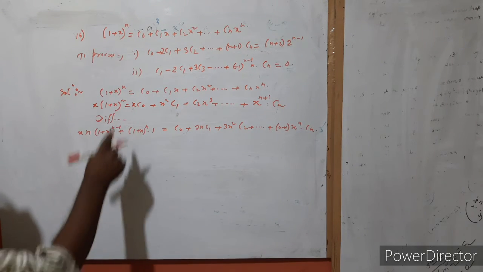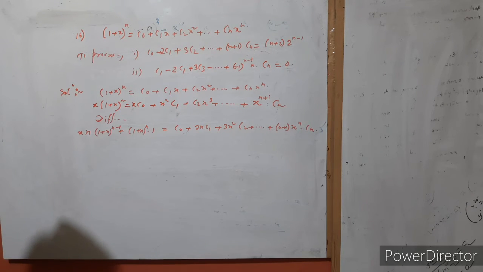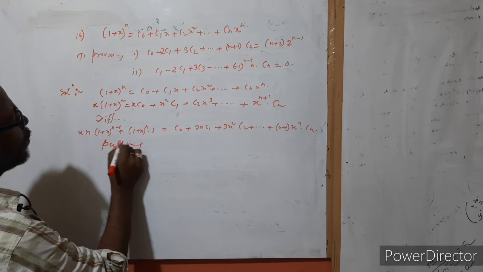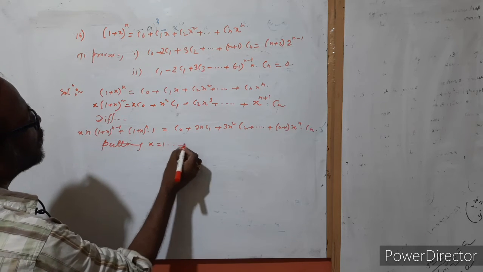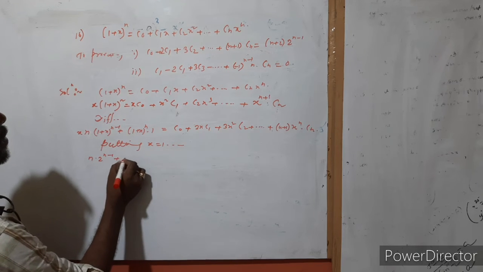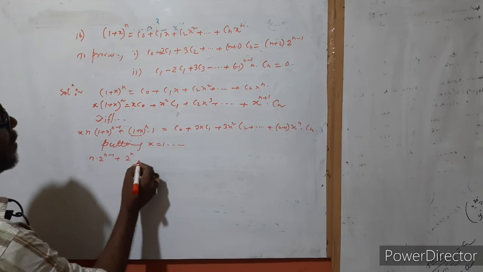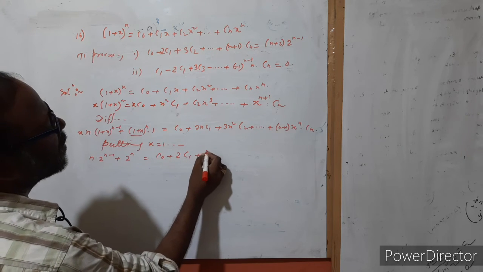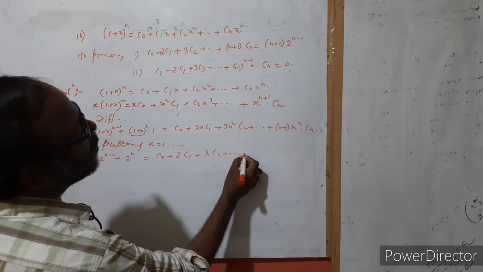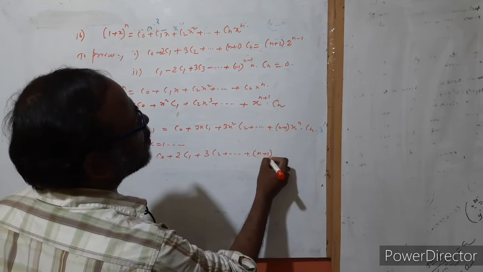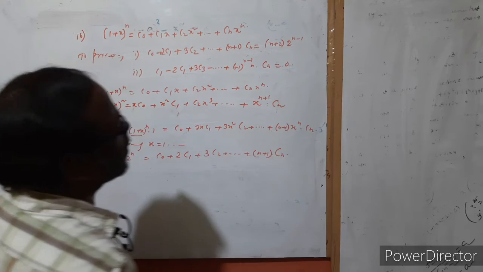See, compare with that, putting x equal to 1 on both sides, then n into 2 to the power n minus 1 plus 2 to the power n equals c0, 2c1, 3c2, okay, up to n plus 1 into cn.